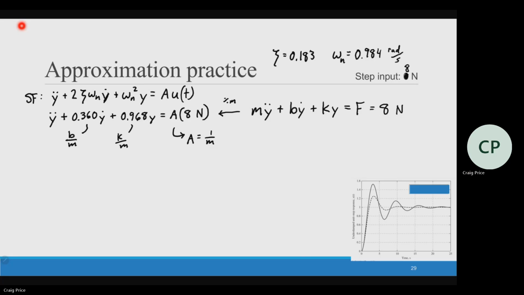All right. Let's focus on this equation right here. What I'd like to focus on is what happens at steady state, because that's the key right here that we're missing. What happens at steady state to this equation?